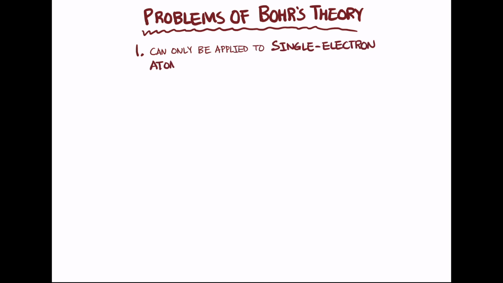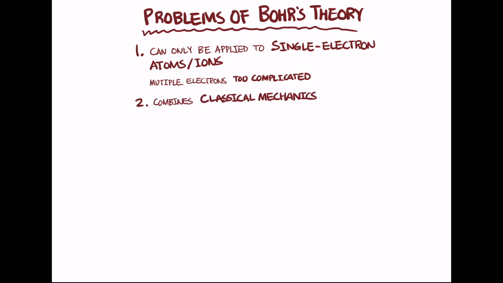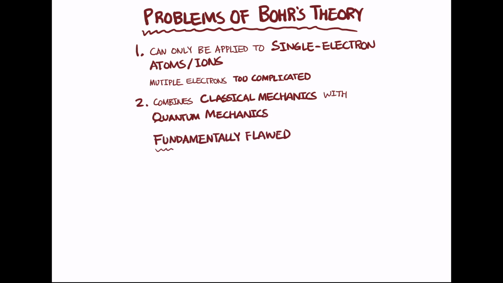If it had two or more electrons, it would have to take into account multiple forces, and that would be too complex. The other problem is that Bohr combined concepts from classical mechanics and quantum mechanics in order to reach its conclusion. Thus, even though it predicts experimental results for the hydrogen atom very well, it is fundamentally flawed and requires many assumptions, most notably the quantization of angular momentum.